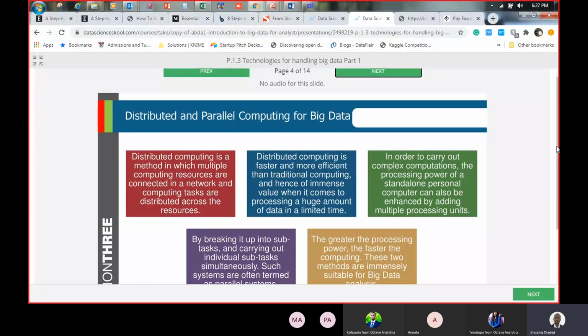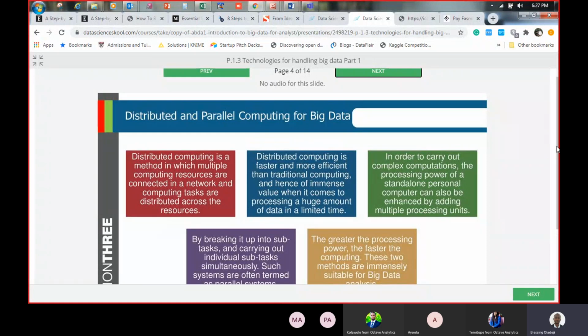Say there are 6 of us in this class. We can connect our computers together in such a way that if you have a task, all the computers are going to perform that task together instead of having only one computer performing that task.